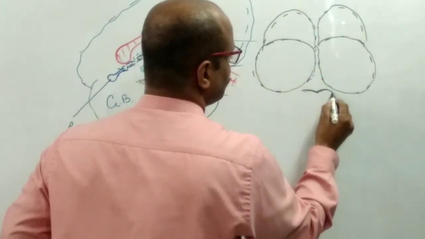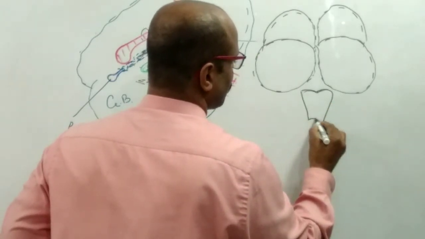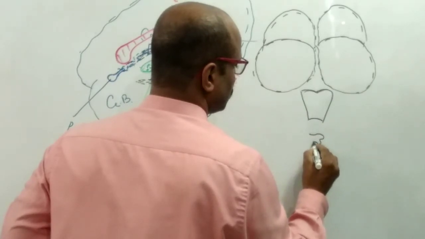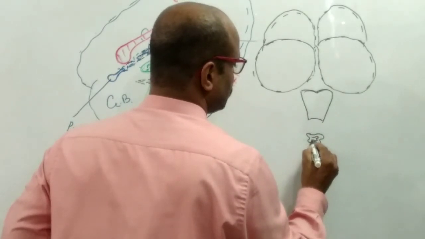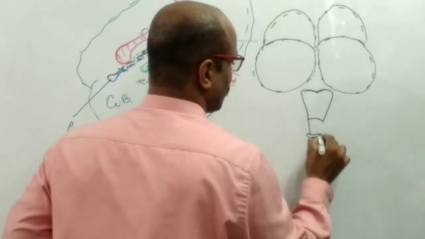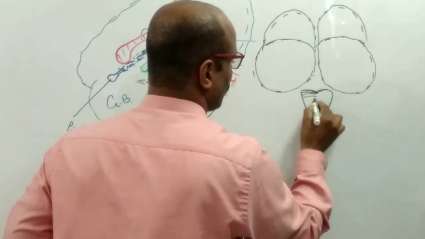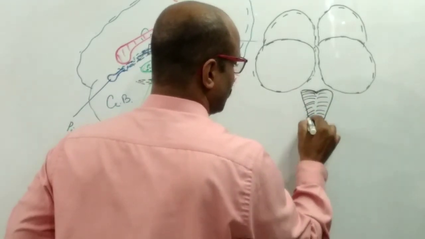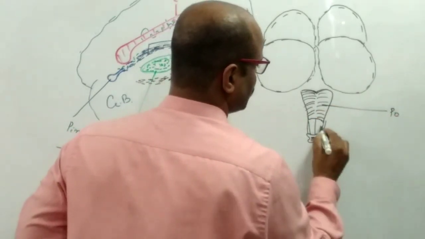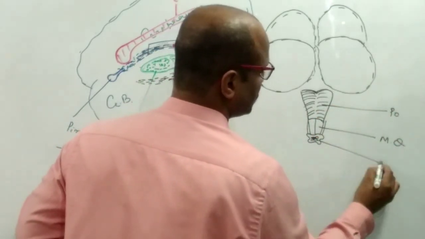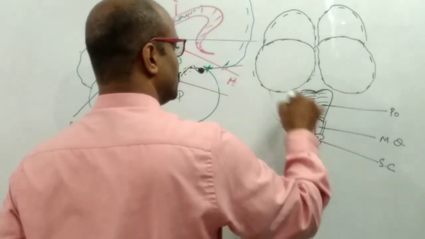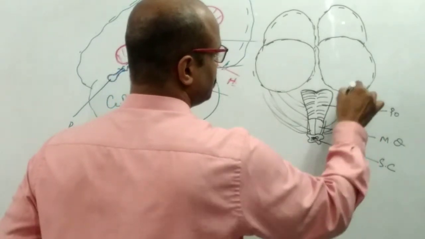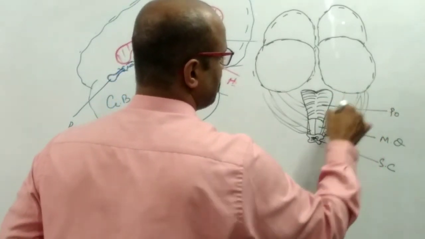This is the pons, this is the medulla oblongata, this is the spinal cord. This portion is the cerebellum.